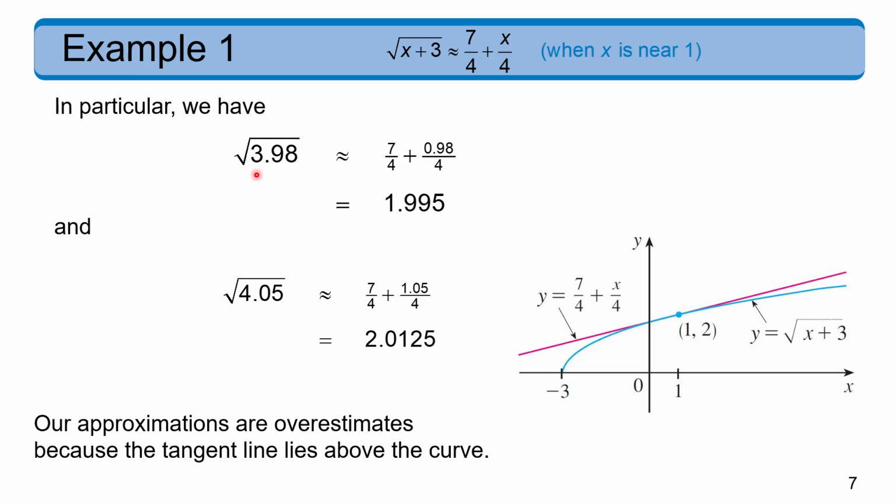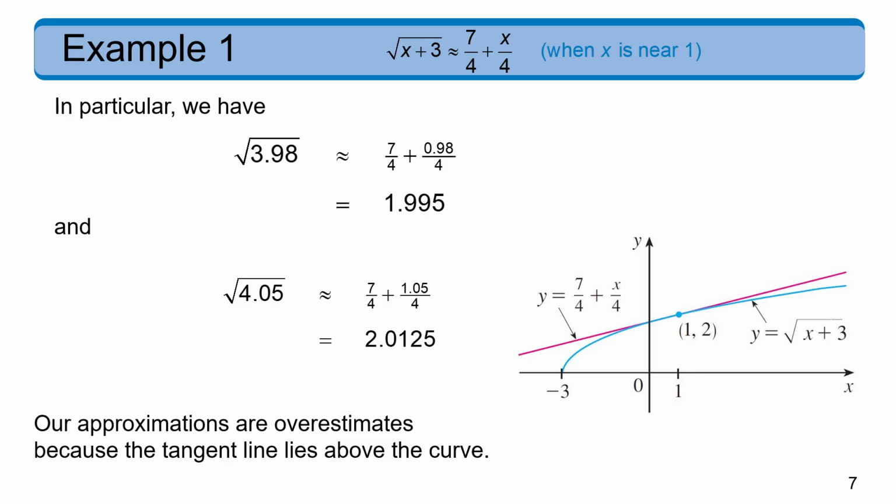So if we want the square root of 3.98, and we want to think of it in terms of this function, x would have to be 0.98, so that we would have under the square root this 3.98.